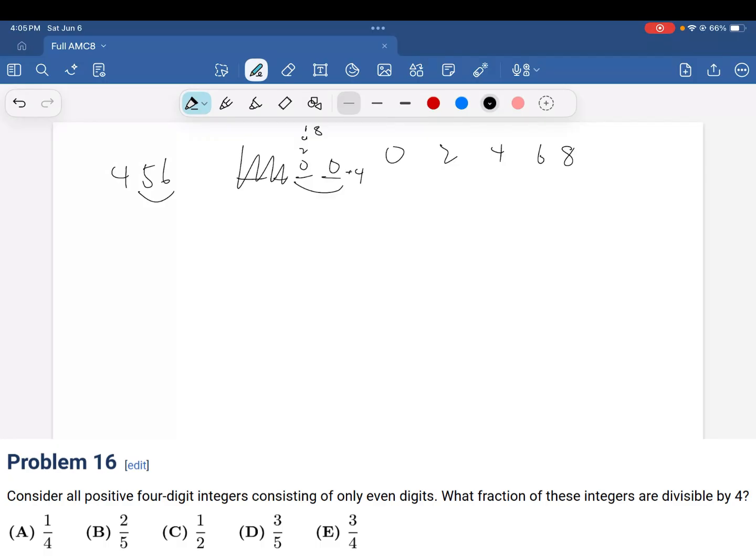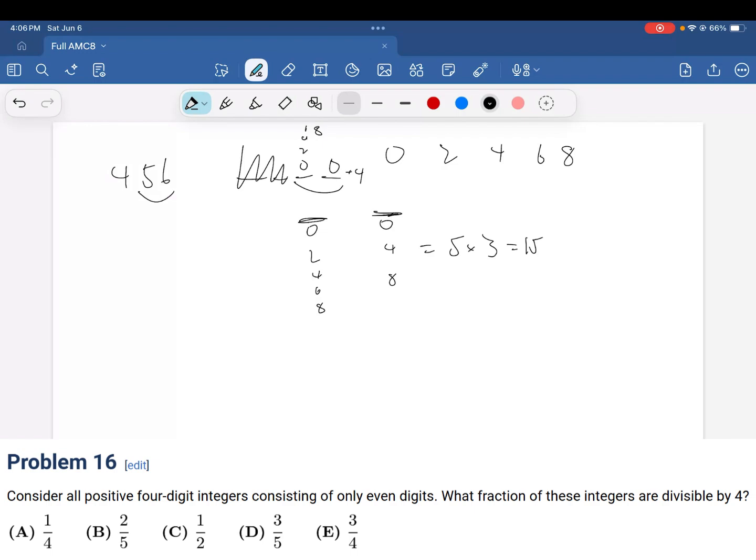So that means 0, 2, 4, 6, 8 can be paired up anyway with digits 0, 4, 8. For example, 28 is divisible, 64 is divisible, 80 is divisible. So this already gives 5 possibilities for this one, 3 possibilities for this one. That's 15.